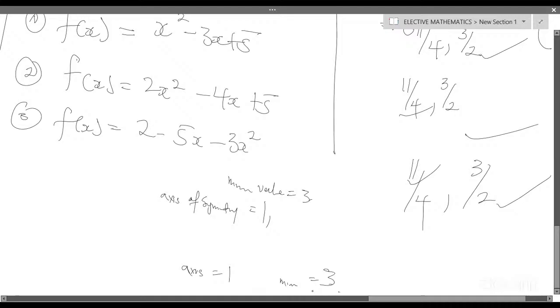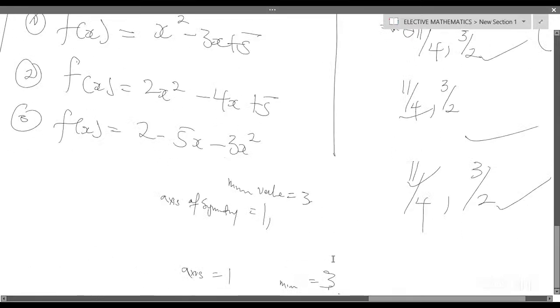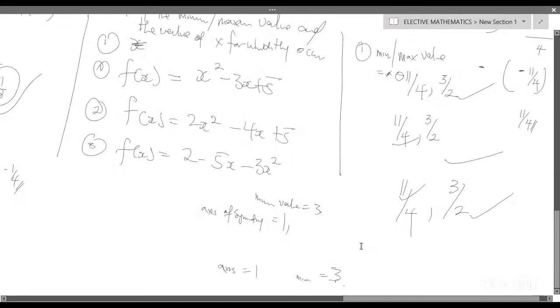Yes, please. Okay, then it's basically the same here. So Akosia, what did you get? I got the axis of symmetry to be +1 and the minimum value to be 3. Okay, then it means all of you had it right.